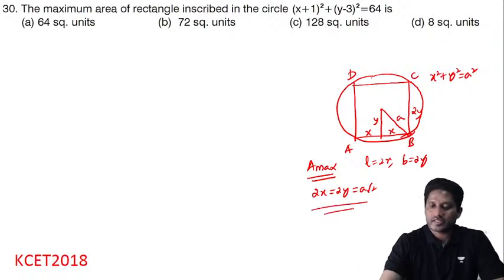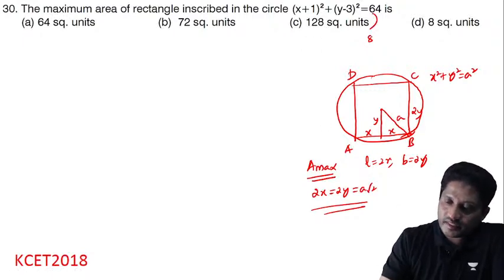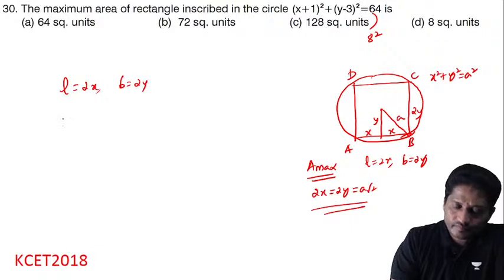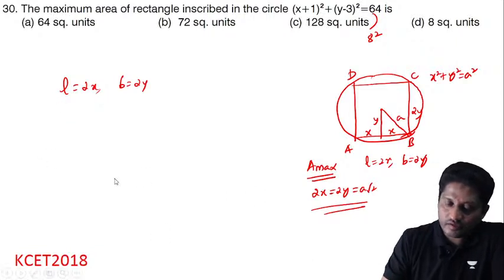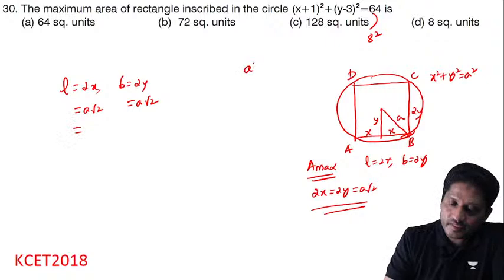Right, that's a result. Now the question is, here a square is 64, right?